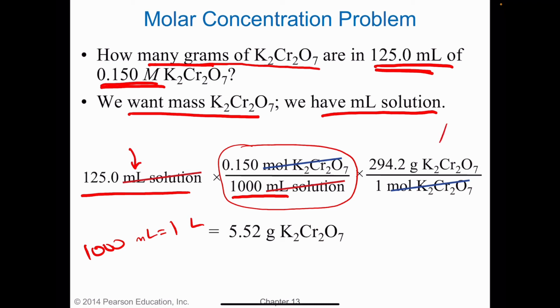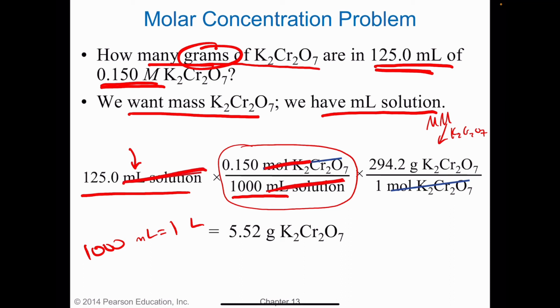But then the next thing, so once you use molarity, you're going to have moles. But the problem said how many grams. So that's what the 294.2 is, that's the molar mass of K2Cr2O7. So milliliters cancels with milliliters here.